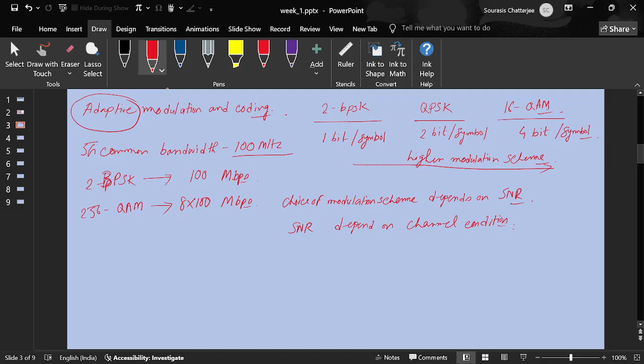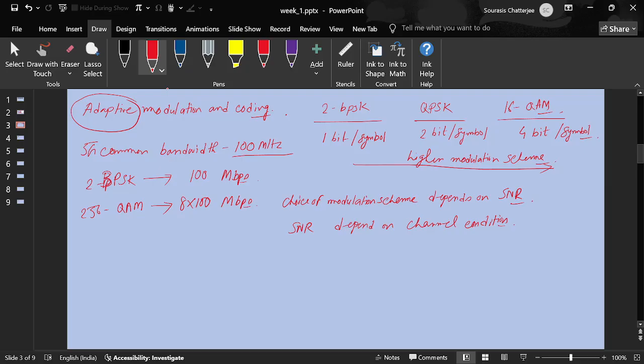So in a practical system design, it's not really up to me to choose BPSK, QPSK, 16 QAM, 256 QAM or even higher modulation. First I need to see what my channel capacity is, and that I can see in terms of SNR. Only when I know SNR can I decide which modulation scheme I am supposed to use.